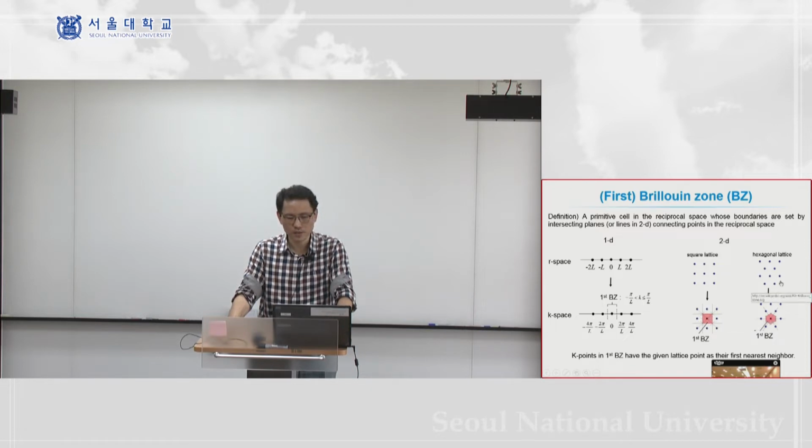In the case of the hexagonal lattice, we can do a similar thing. The K points in the first Brillouin zone have the given lattice point as their first nearest neighbor, which means that the K points in this zone are closest to the specific K point, in this case the origin.